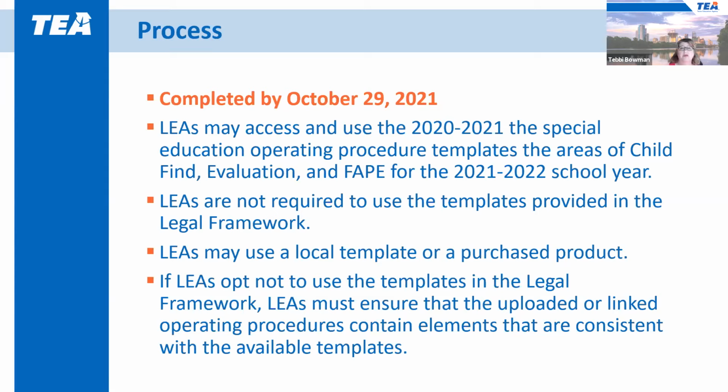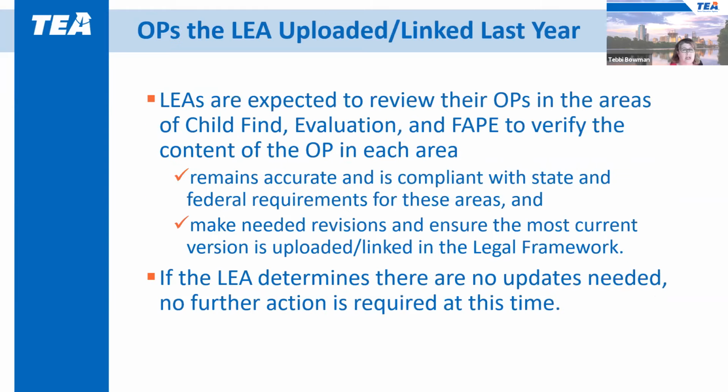The LEAs may use local templates, or they can use a purchased product. If the LEA decides to opt out of using the templates that are provided in the legal framework, then the LEAs must ensure that the uploaded or linked operating procedures still contain the elements that are consistent with the available templates. So far, there's really not any changes.